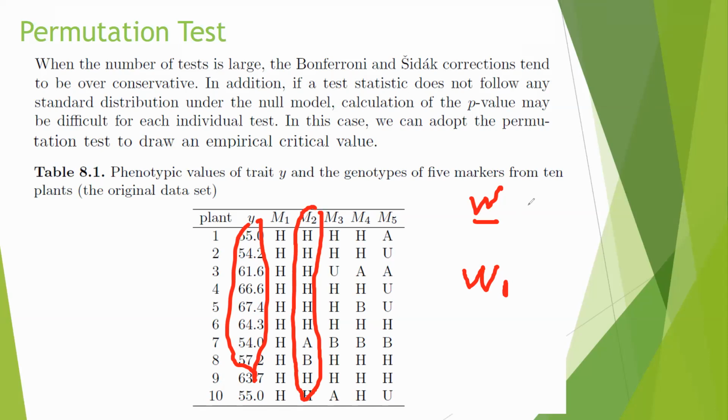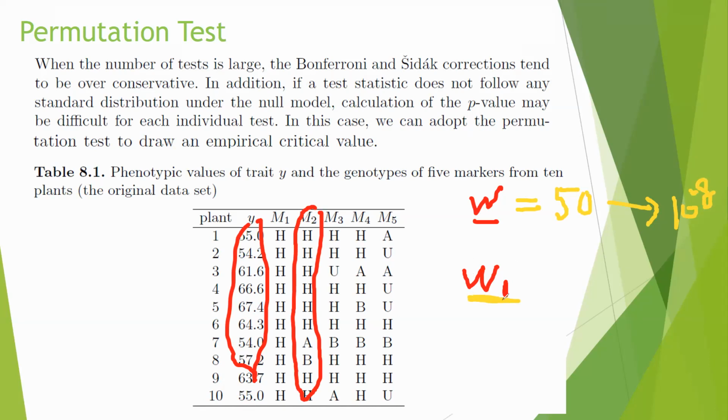Suppose with the original data, you get a very large chi-square statistic, let's say 50. And this leads to a small p-value, let's say 10 to the minus 8.